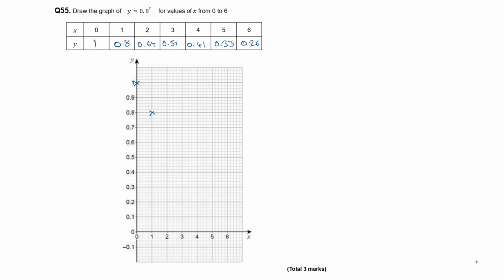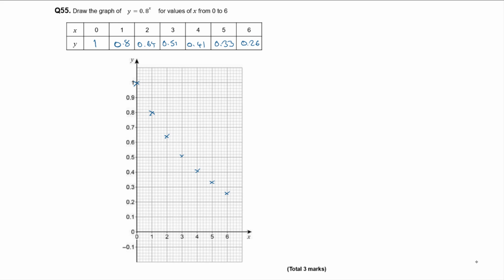So 0.64 is 2 little squares above 0.6. 0.51 is half a square above 0.5. Then 0.41 is half a square above 0.4. And then 0.33 is 1.5 squares above 0.3. And 0.26 is 3 squares above 0.2, like that.